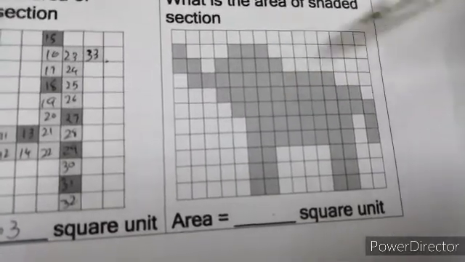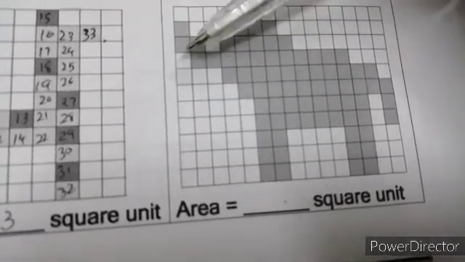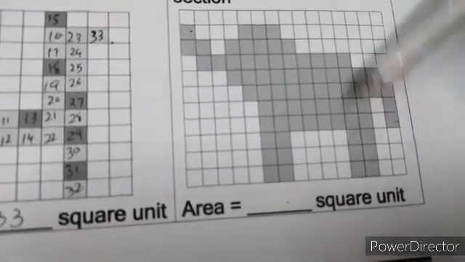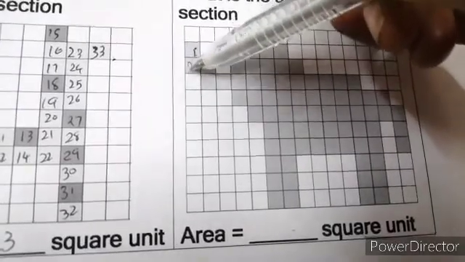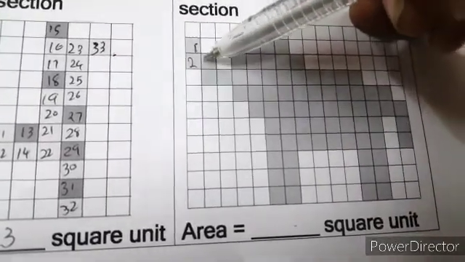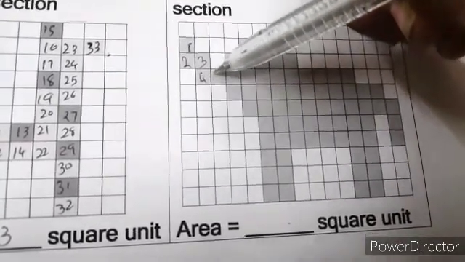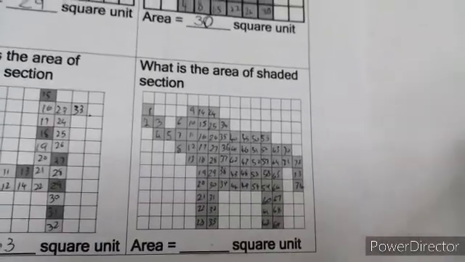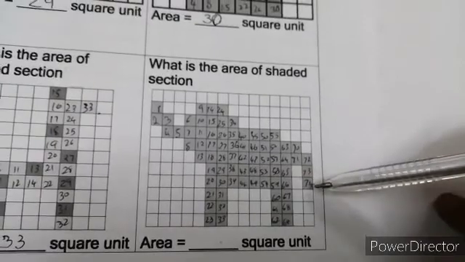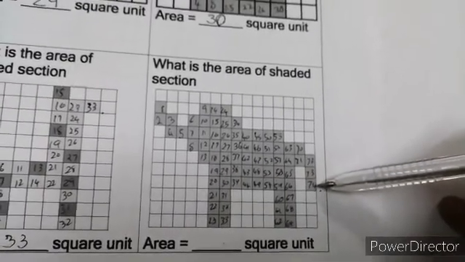Next, shaded of this section, it looks like an elephant, right? So let's count from here and see how many total squares are there. 1, 2, 3, 4, 5 and so on. See, we have got 74 square units.